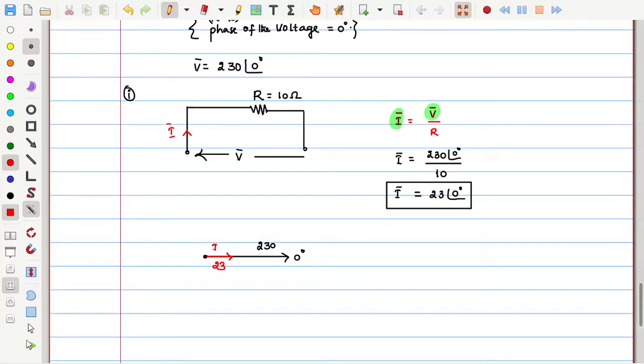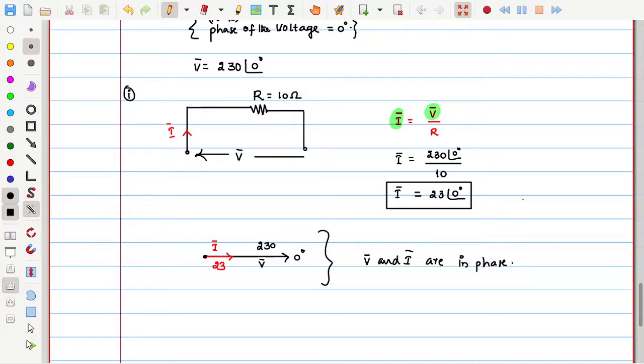This red color one is the current phasor and this black color one is the voltage phasor. From this we can say that V and I are in phase. In phase in the sense that both have the same phase angle.